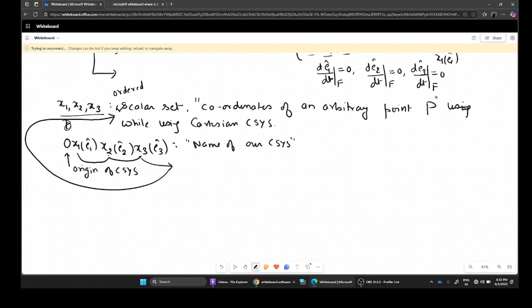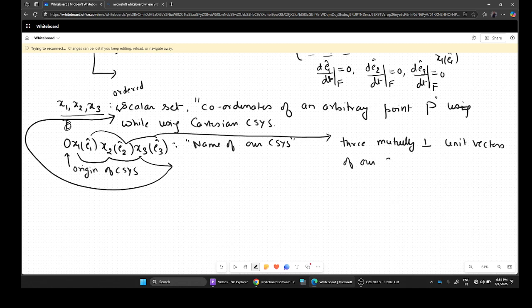And E1, E2, E3 are the three mutually perpendicular unit vectors of our Cartesian coordinate system. Okay.